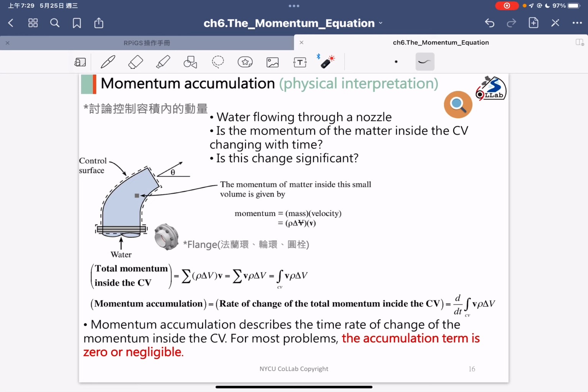So in most problems, the momentum accumulation can be neglected. We can assume the momentum accumulation is always zero for our problems.